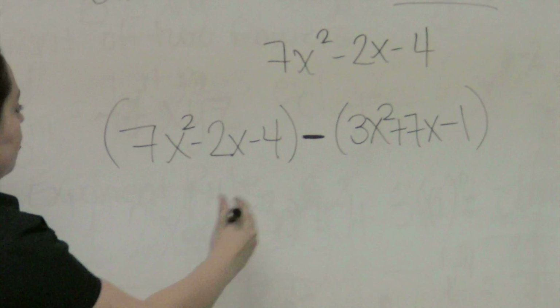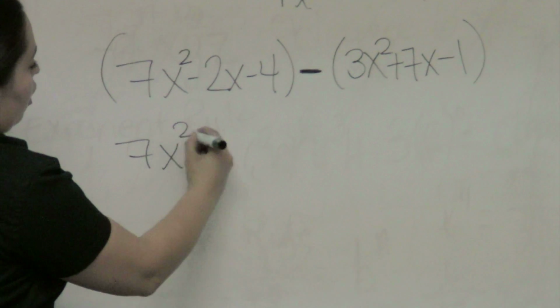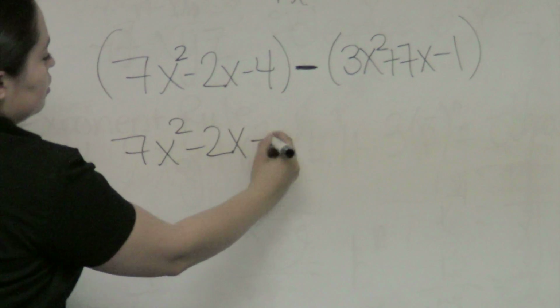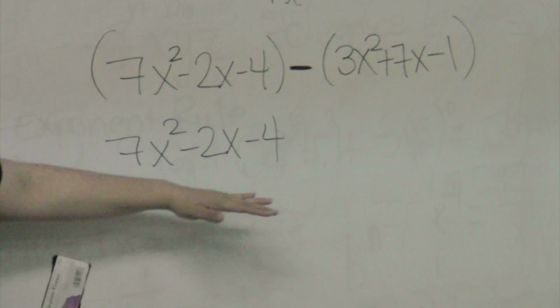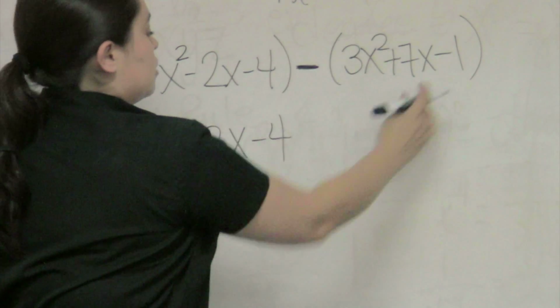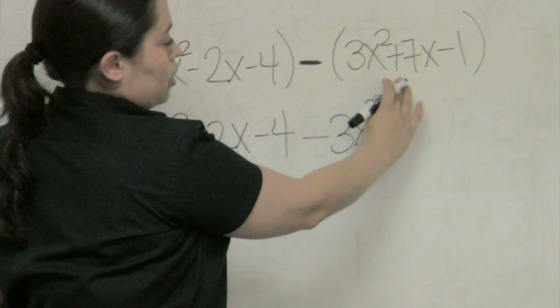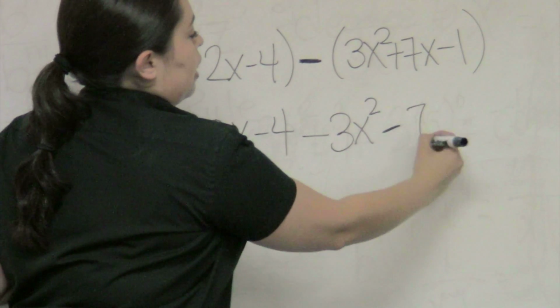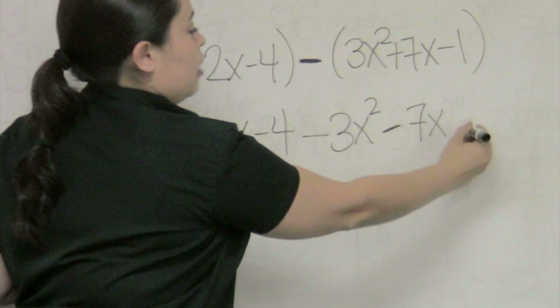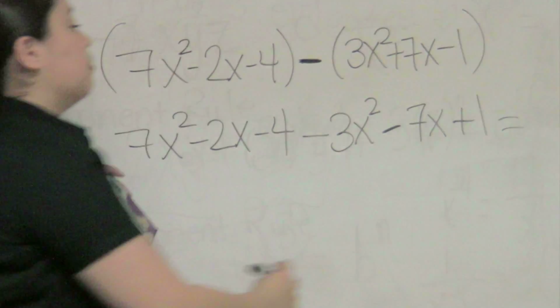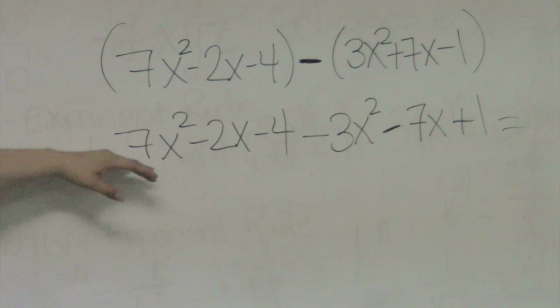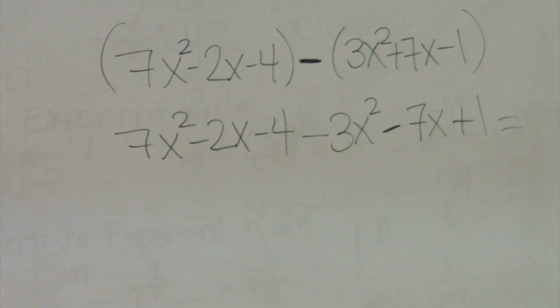So in order to get rid of the parentheses, we do the following. We keep the first parentheses intact. Now we change all the signs on the second one. So negative 3x squared, we have a positive here, becomes a negative. We have a negative, becomes a positive number. Now what's next? We combine like terms.